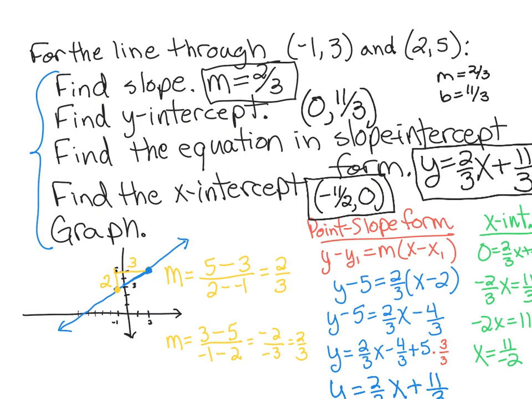This is, let me get my pointer. 2 halves, 4, 6, 8, 10, 12, and you see that we have our point right there at negative 11/3, lined up pretty nicely. All right, so everything works together, it all agrees, and that's how I know that I did my problem correctly.